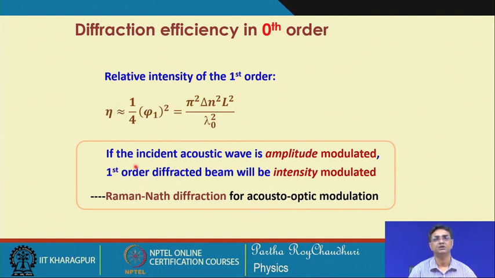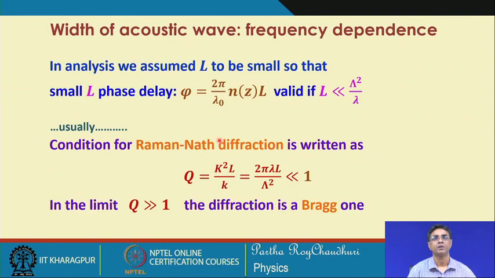So, the first order diffracted beam will be intensity modulated, because this phase will be modified, and as a result of that, the field amplitude will also be modified as a square function. So, that is how this amplitude modulation of the first order diffracted beam can be implemented by using this result.